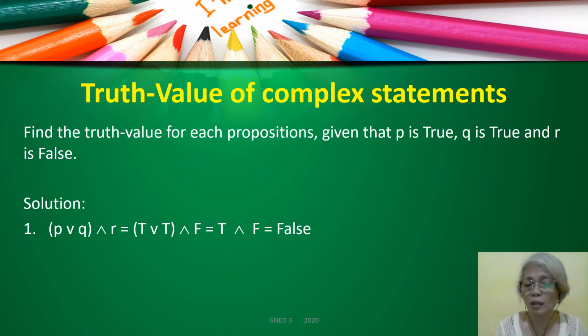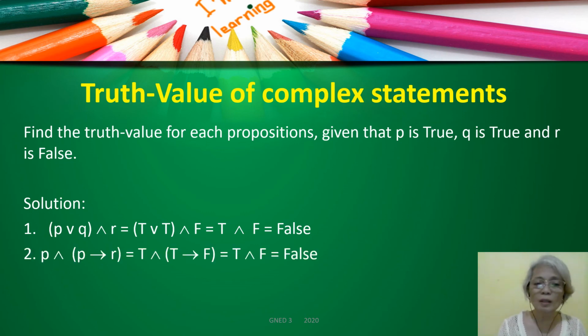Therefore, this is already false. Next, we have P and P implies R. The same argument, this is a conjunction. If one of the conjuncts is false, then the conjunction is false. It is given that P is true. So we should determine the truth value of P implies R. P is true, R is false. Therefore, the conditional P implies R is false. And therefore, we have true and false. Therefore, this is a false complex statement.